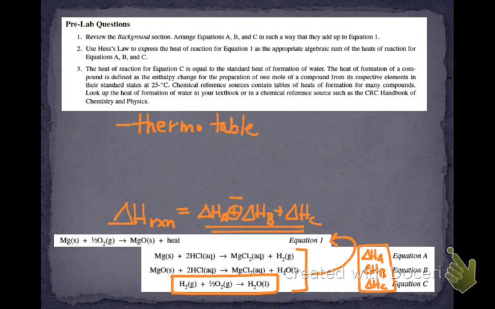And remember that the delta H of the reaction is going to be the summation of the delta H's of the products minus the sum of the delta H of the reactants. So you're going to be using that equation to solve for the delta H for equation 3, or equation C. Equation C is not one that you're going to actually perform in the lab, but it's one that you can look up the data and find what the delta H would be at room temperature at standard state. So that's what you're going to do for number 3.